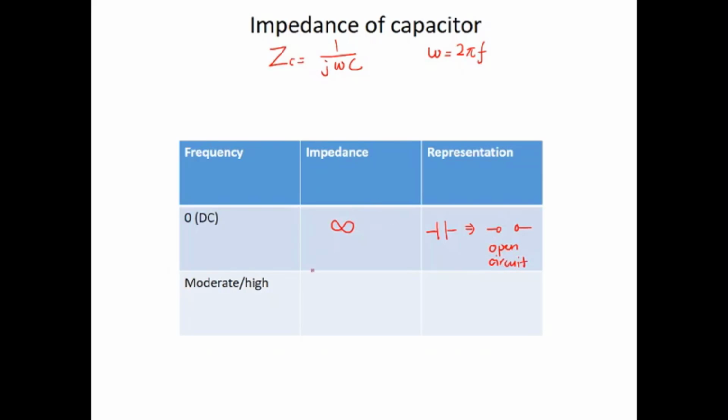How about when the frequency of the signal is moderate or high? When omega is high, ZC will be near 0 ohm. It is very small, and thus we can represent the capacitor with a short circuit.